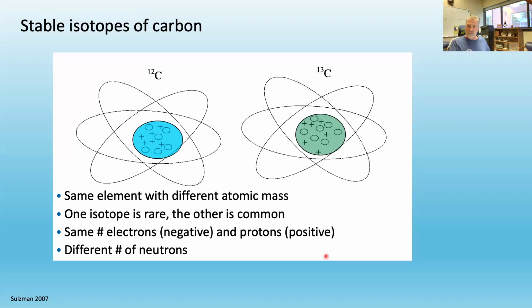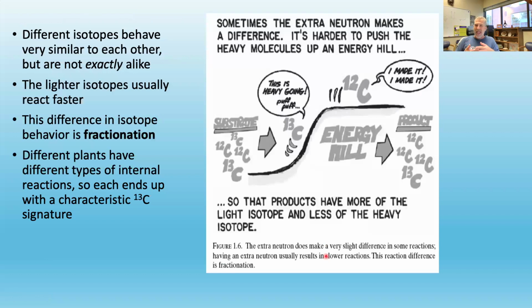One isotope is relatively rare, the other is very common, okay? Again, the mass of the isotope affects the behavior of these isotopes. So in fact, they behave relatively similarly, but the speed of their reactions is different, right? And so this change is referred to as fractionation. So different plants have different types of internal reactions, and so they end up with different characteristic carbon-13 signatures, okay?